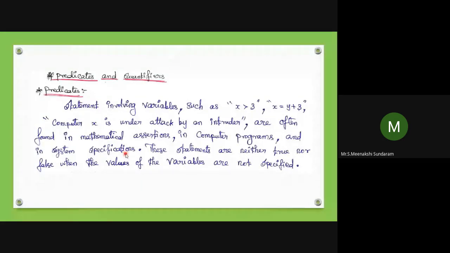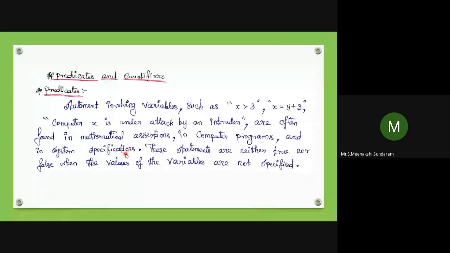Once you fix the variable, suppose you give it some value, it is converted into a proposition. For example, x is greater than 3: if I put x equal to 5, it becomes a proposition. So a predicate is nothing but a statement involving a variable. Quantifiers normally mean a quantity.